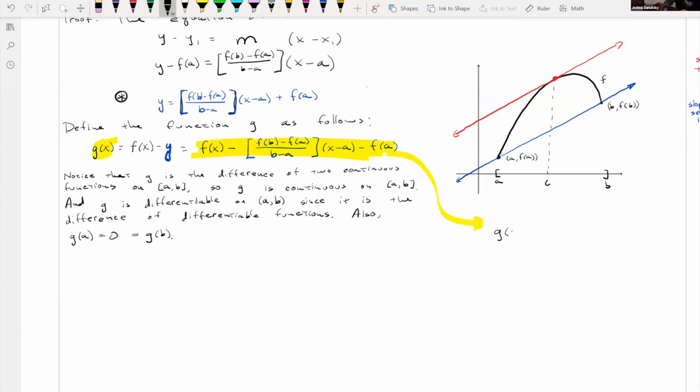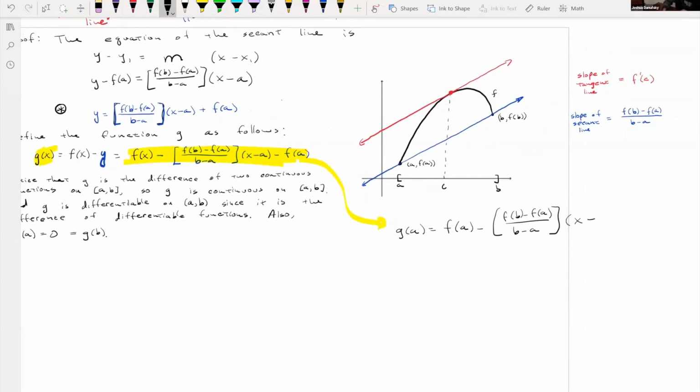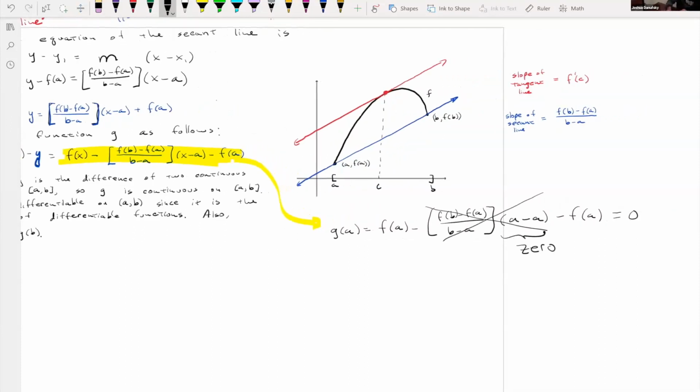So g of A would equal f of A minus f of B minus f of A all over B minus A in brackets times x minus A. I'm sorry, that's A minus A. I'm putting A's in for all my x's. Minus f of A. And you'll notice very quickly that this becomes 0, which is going to zero out this whole thing. And then you get f of A minus f of A, which is equal to 0.